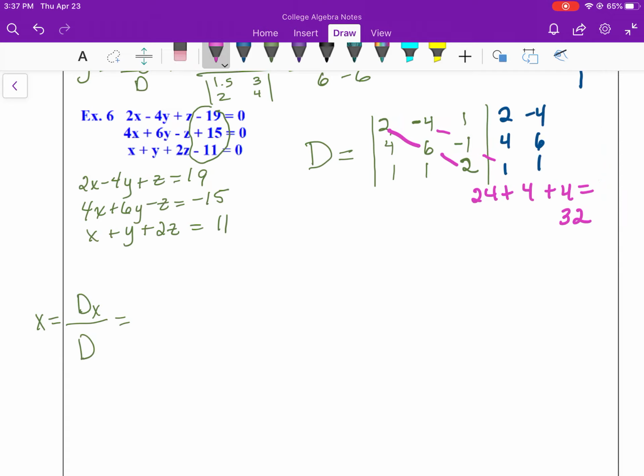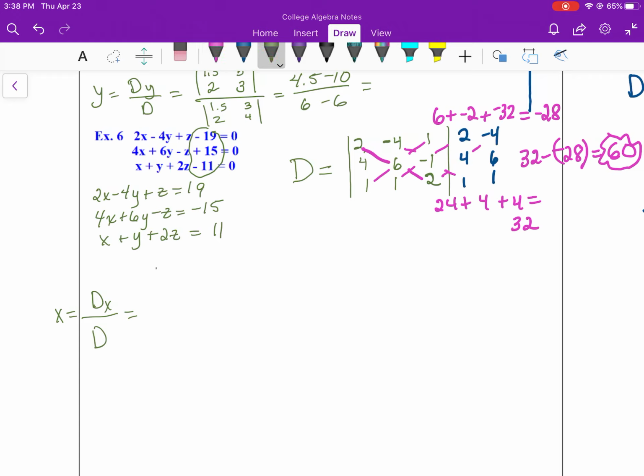Okay. And then I'm going to come this way. 6 plus negative 2 plus negative 32. That equals negative 28. So I have 32 minus negative 28, and that's 60. So I'm going to hang on to that.